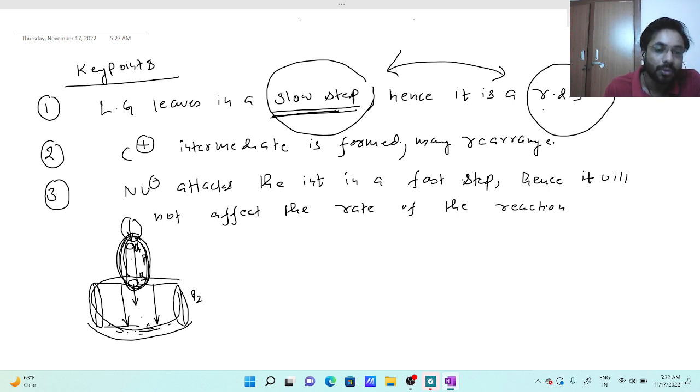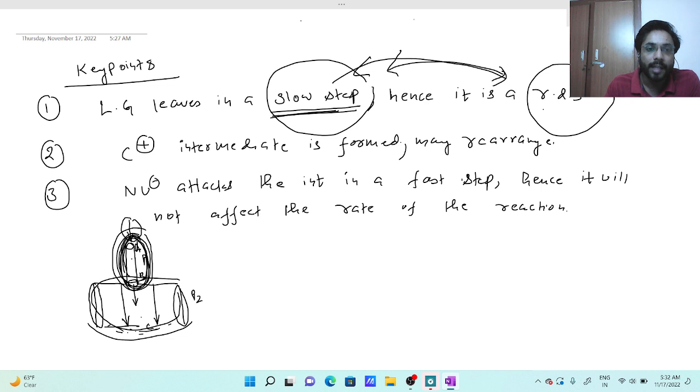Those steps which are slow will only decide the rate of the reaction. Hence we can say that this slow step is the rate determining step. Is it clear to you?